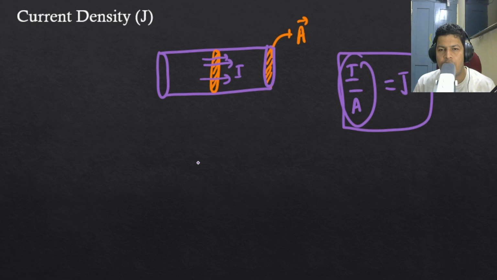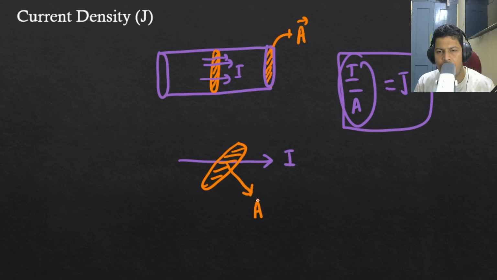Take an example: current is flowing in this direction. This is the current, but our area is in a different direction. So this is the area, and this is the current direction. The area vector will be normal to this. They have some angle theta in between.